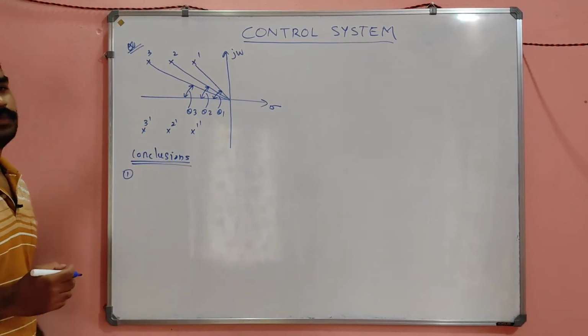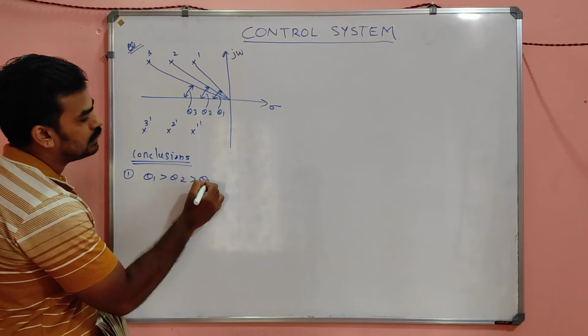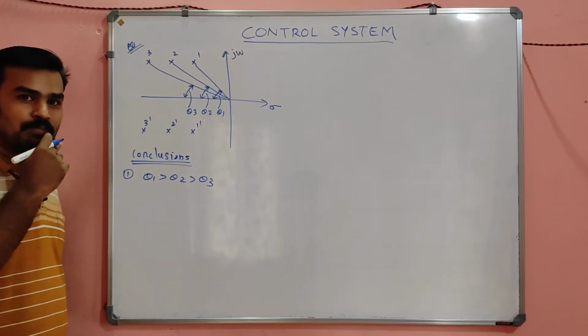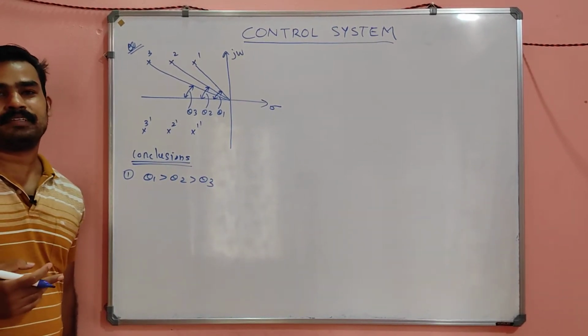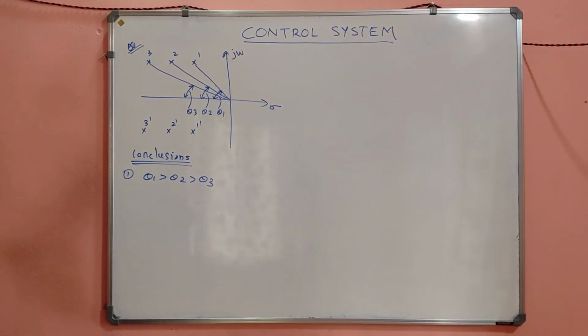Am I correct, my dear? So I can say that theta 1 greater than theta 2 greater than theta 3. Correct, no? Theta is nothing but cos inverse zeta.